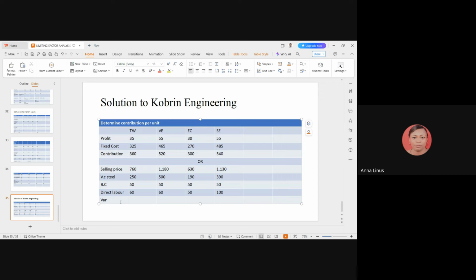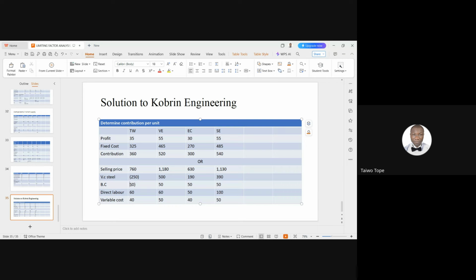Variable production cost. We have 40, 50, 40, 50. So what will be the contribution? 350 for W? 360. 360. So remember all these.